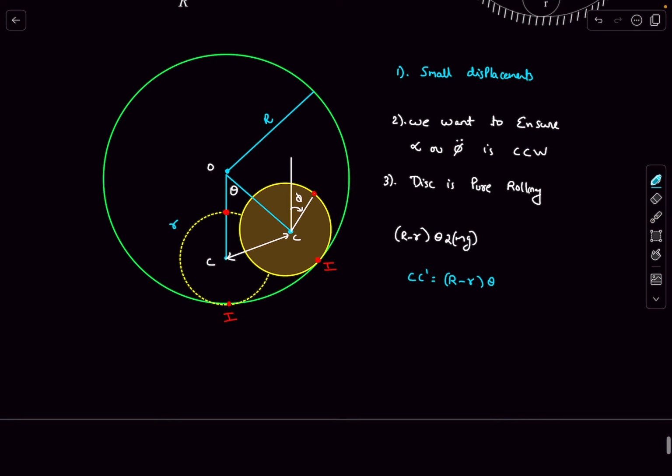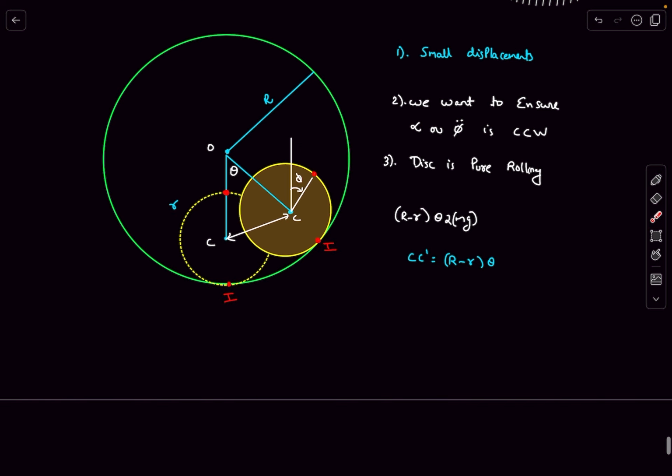This is only applicable if the angle theta is very, very small, right? And the second thing is that from the diagram, we see that this is not a horizontal displacement. It has some horizontal component and some vertical component. But we'll ignore the vertical component, and we'll say that CC dash is actually a horizontal displacement.